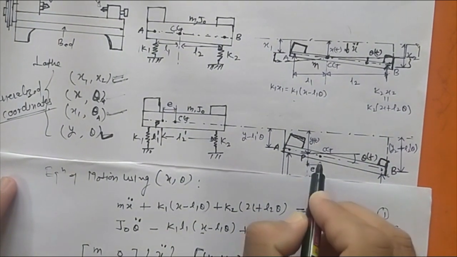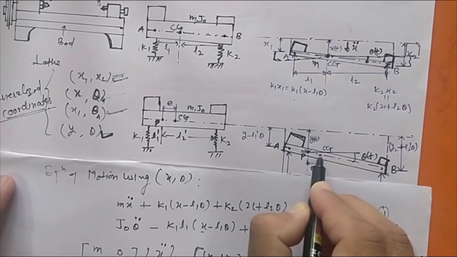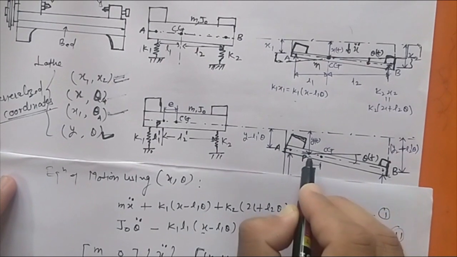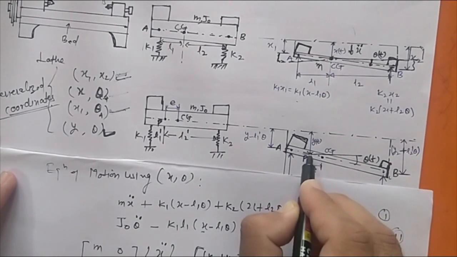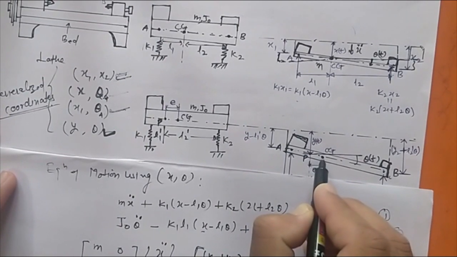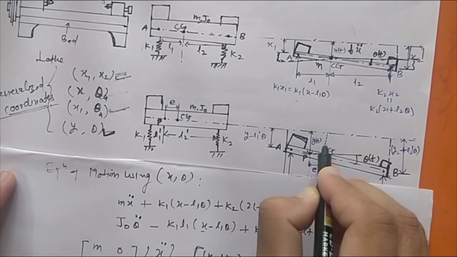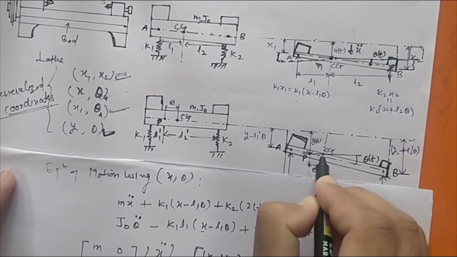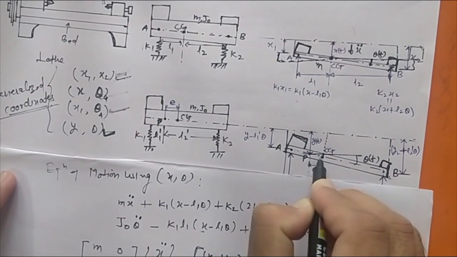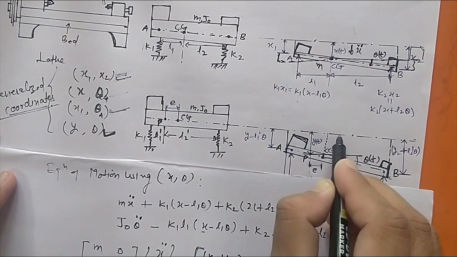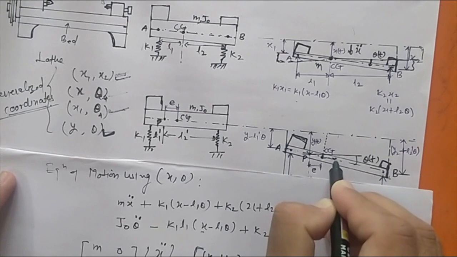Now we can find the displacement of CG in the downward direction. If point P is displaced by y, then CG is displaced by y plus this displacement, which is E multiplied by theta. So the total displacement of CG is y plus E theta.